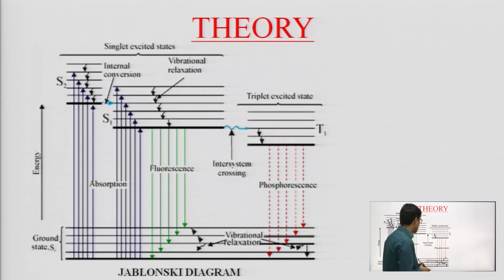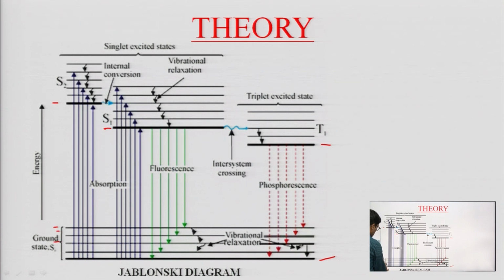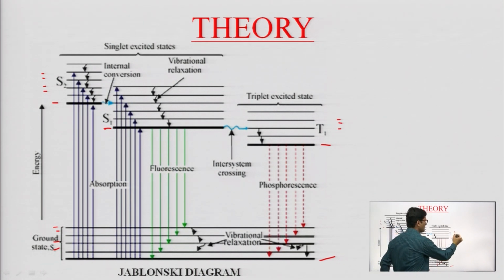According to the Jablonski diagram, the dark lines you can see like this and this generally indicate the electronic energy levels, whereas the lighter lines just above the dark lines indicate the vibrational energy levels, and each electronic level comprises several vibrational energy levels.